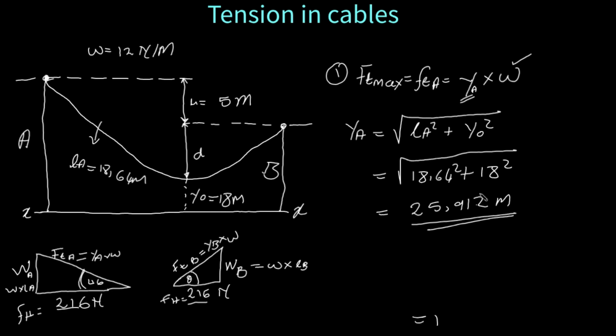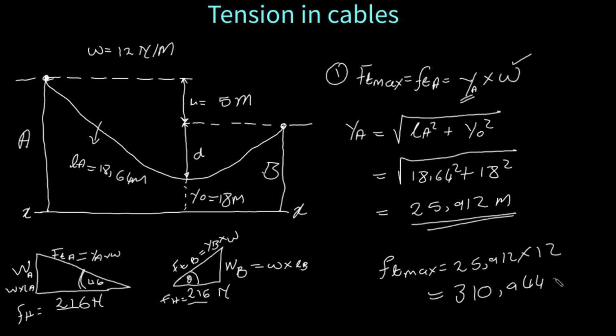And then from here we can take this and put it here, where our FT max is going to be 25.912 times 12. That will give me 310.944 newtons.